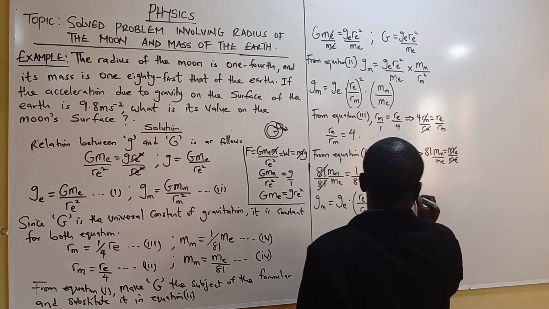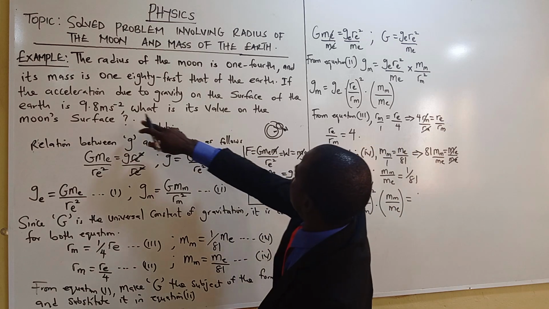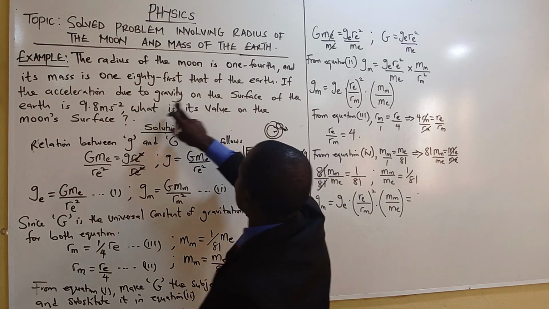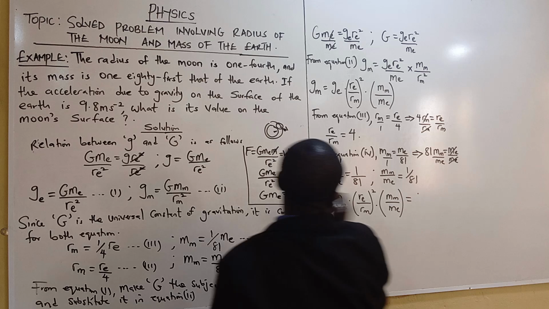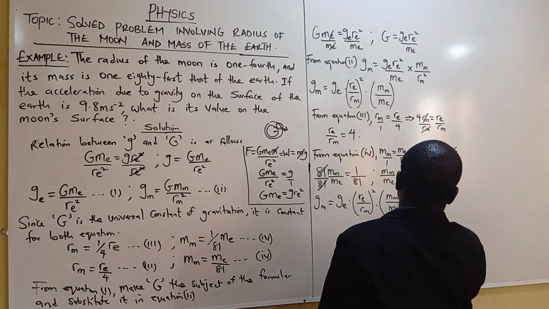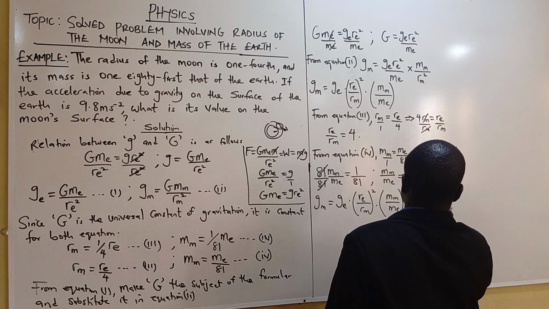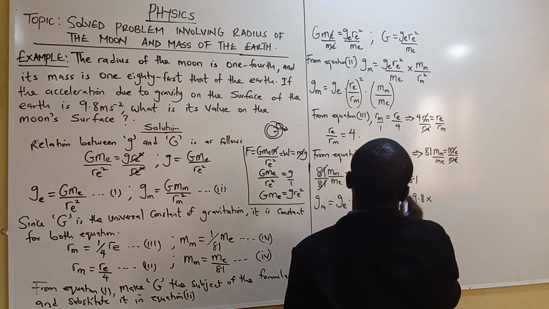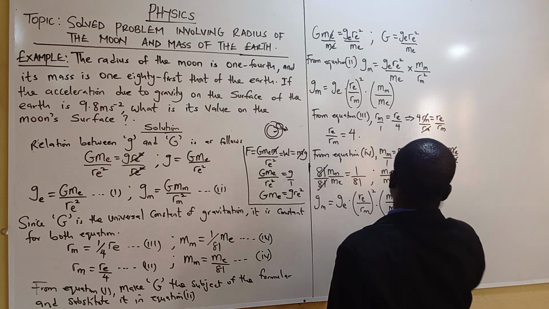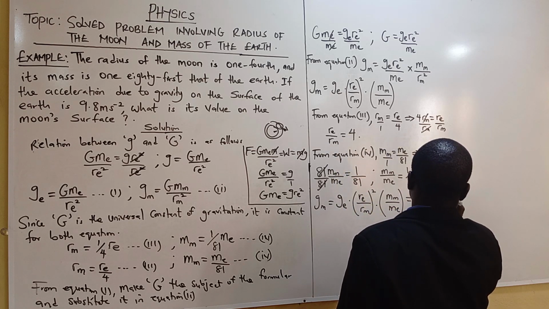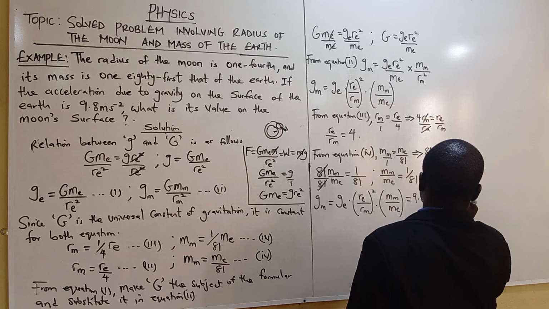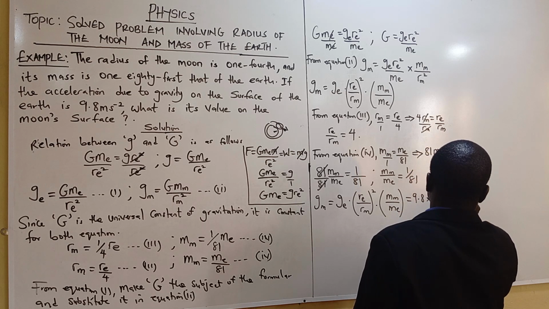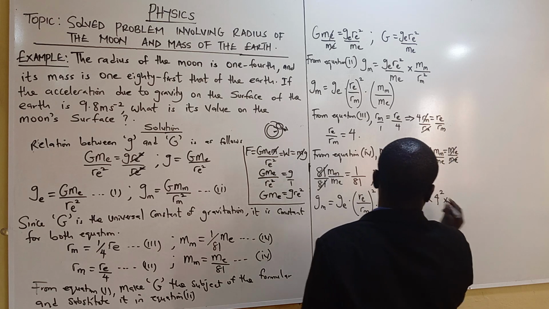Now do that. You have g e, the acceleration due to gravity on the surface of the earth, which is 9.8, times R e over R m, which is 4, squared, multiplied by 1 over 81.